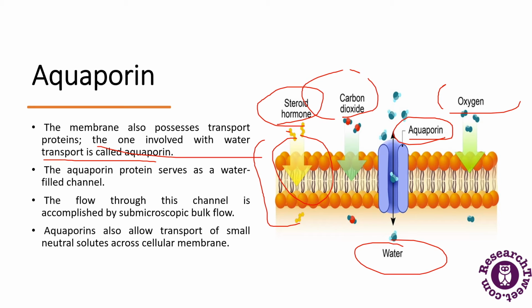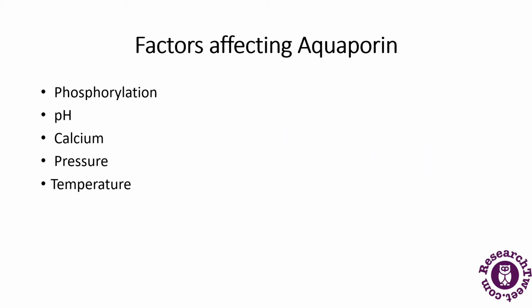As we discussed in the previous slide, there are two actual movements, diffusion and bulk flow. Aquaporins also allow the transport of small neutral solutes across the cellular membrane.